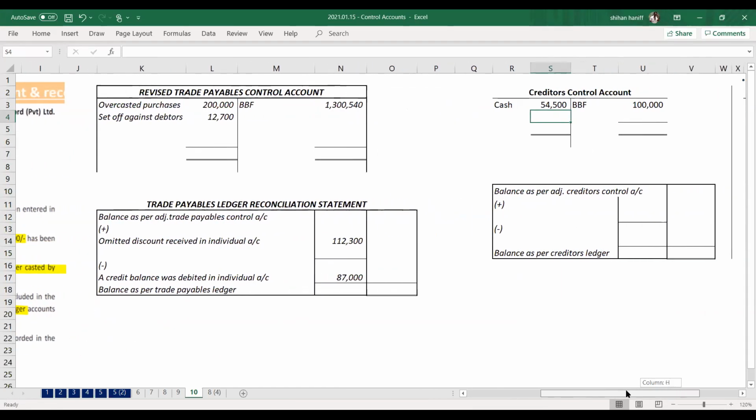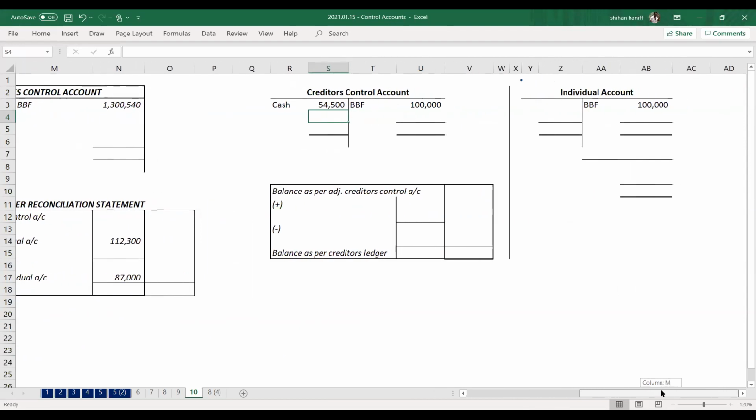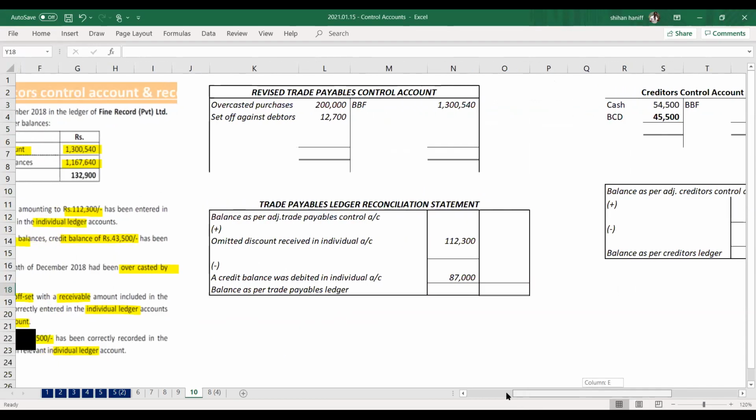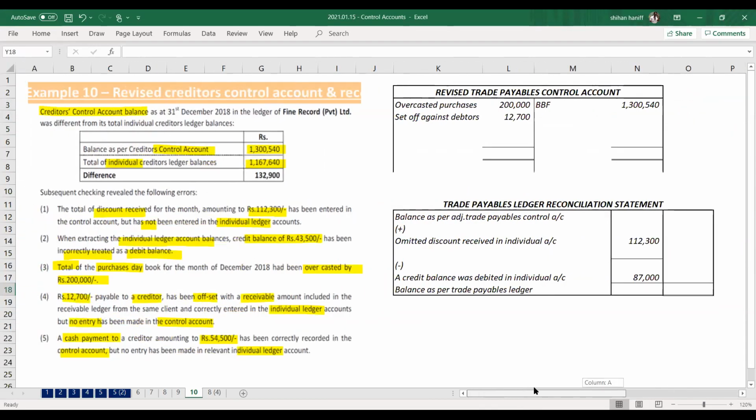The control account is correct, and the control account balance is 100,000 minus 54,500. But the individual account balance is 100,000. Individual balance is more, plus or minus? Plus.